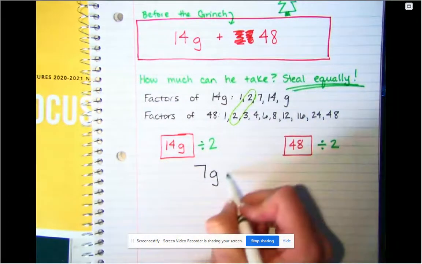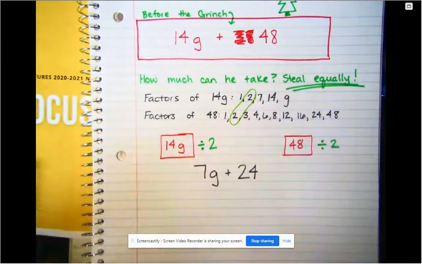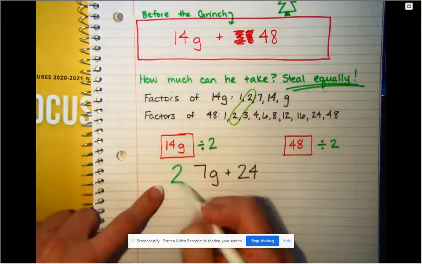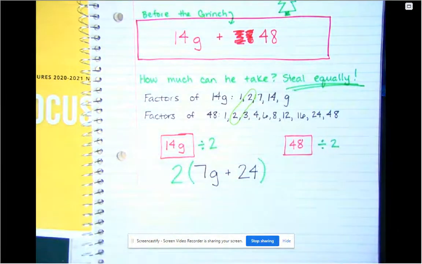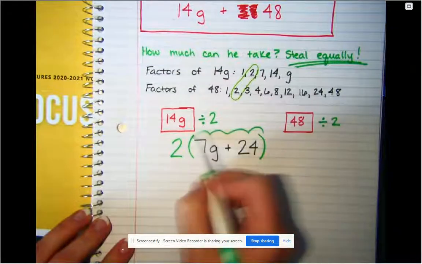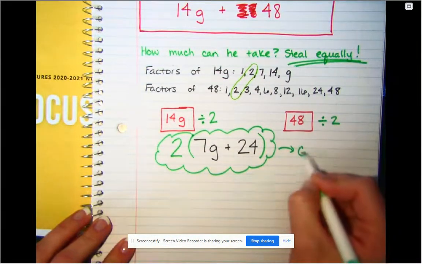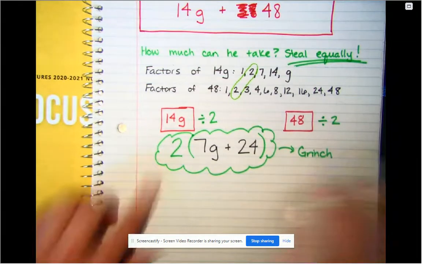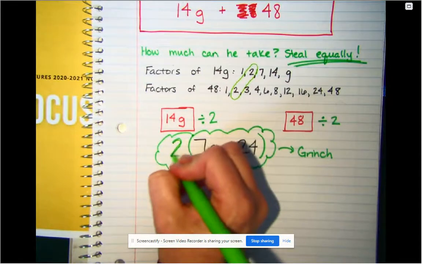And 48 divided by 2 leaves 24. And we have to stick out here what the Grinch got. So here we have our Grinchified expression, where we pulled out the greatest common factor that these two things had.